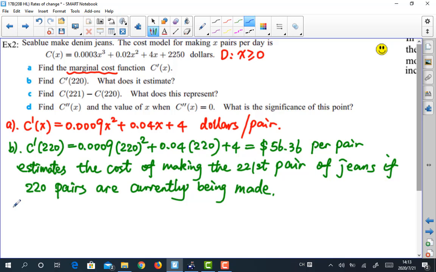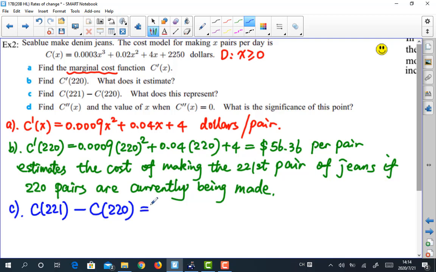Okay, so right now let's look at C. Find C221 minus C220. So C221 is the cost value when you produce 221 pairs of the jeans. Minus C220, this is the cost if you produce 220 pairs of jeans.